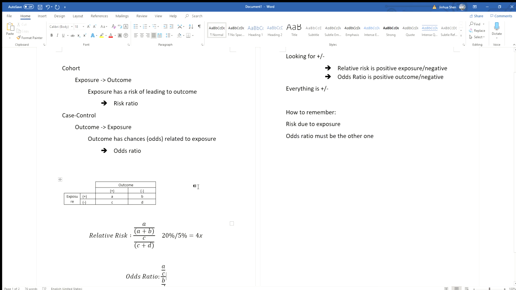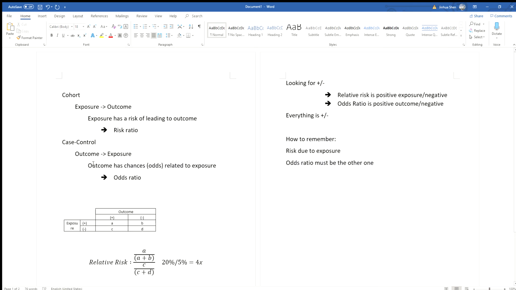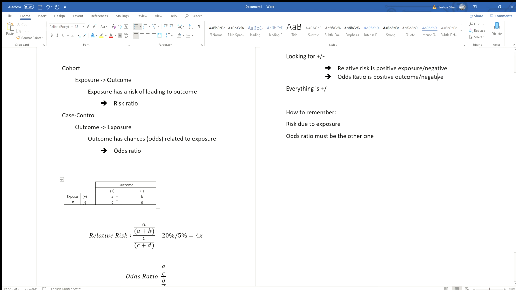And then naturally, as we said, the case control is due to outcome, so we're looking at the outcome. The odds ratio is positive outcome over negative outcome. The positive outcome is going to be this column right here, and the negative outcome is going to be this column right here.